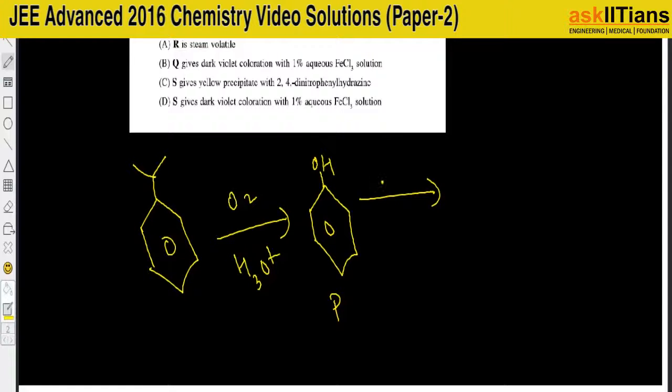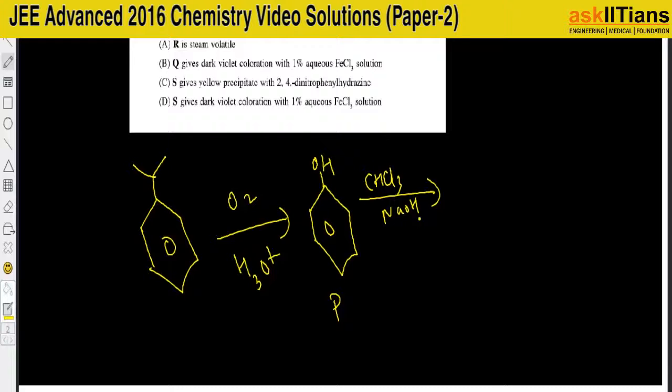Then next, if I am passing CHCl3 NaOH, you should know that this is your Reimer-Tiemann reaction, guys. This is your Reimer-Tiemann reaction in which you treat phenol with CHCl3 and NaOH. What is formed?